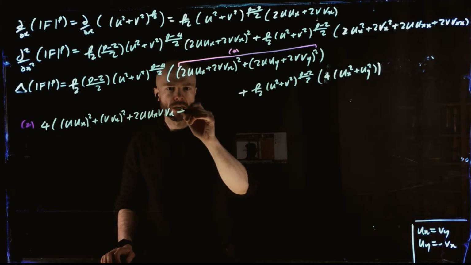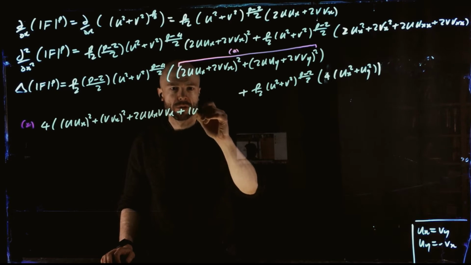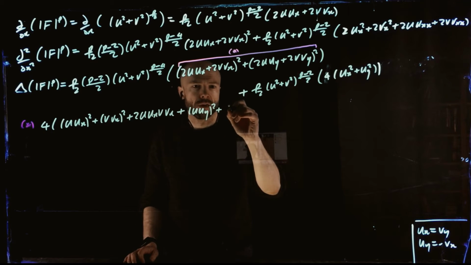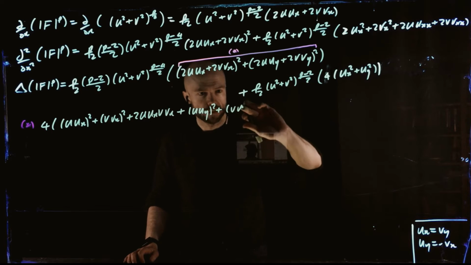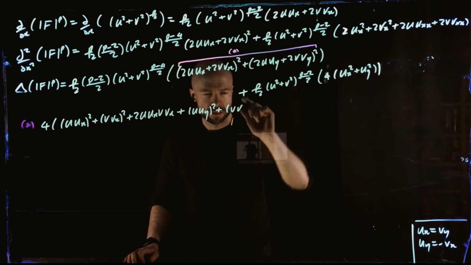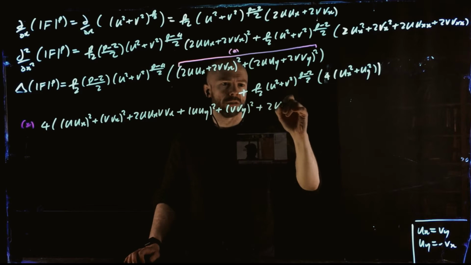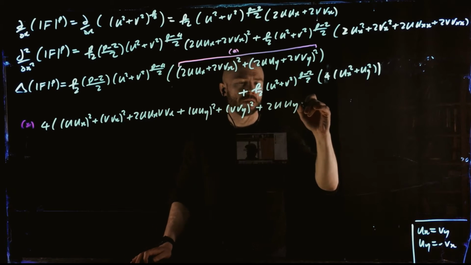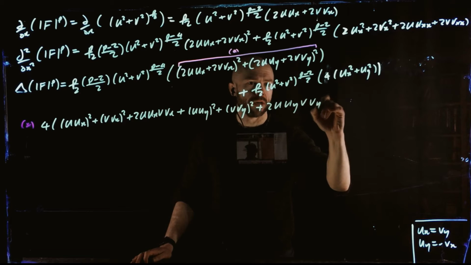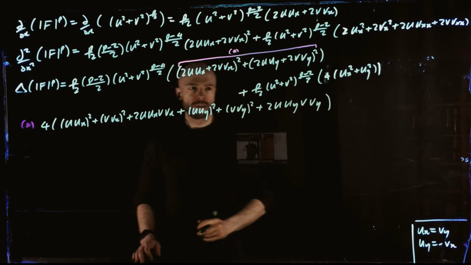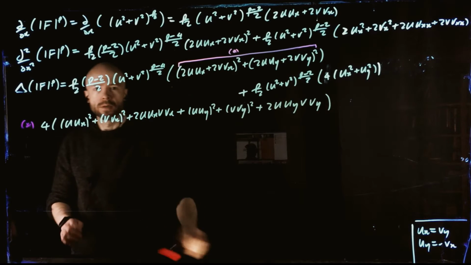And the same kind of game for this: we're going to have u of y squared, and then v of y squared, and then the mixed term, which will be 2u of y v of y, like this. Yeah, everybody agreed that that's what star is?